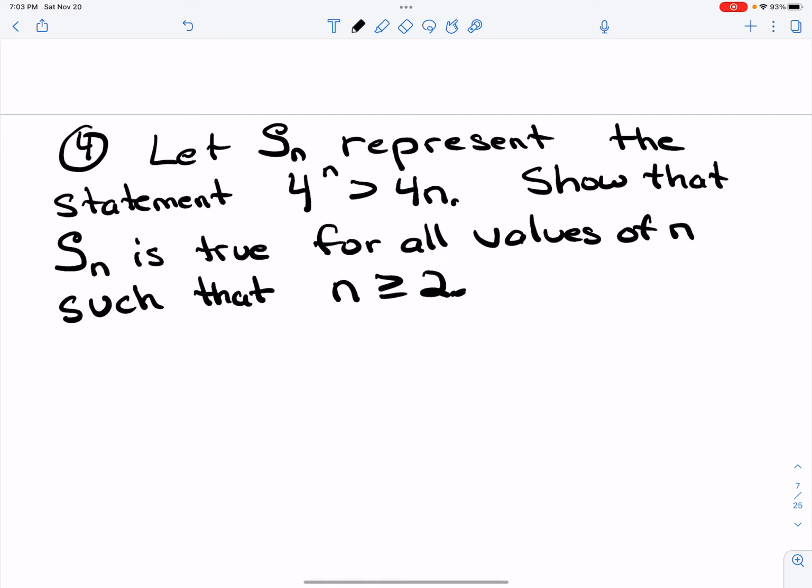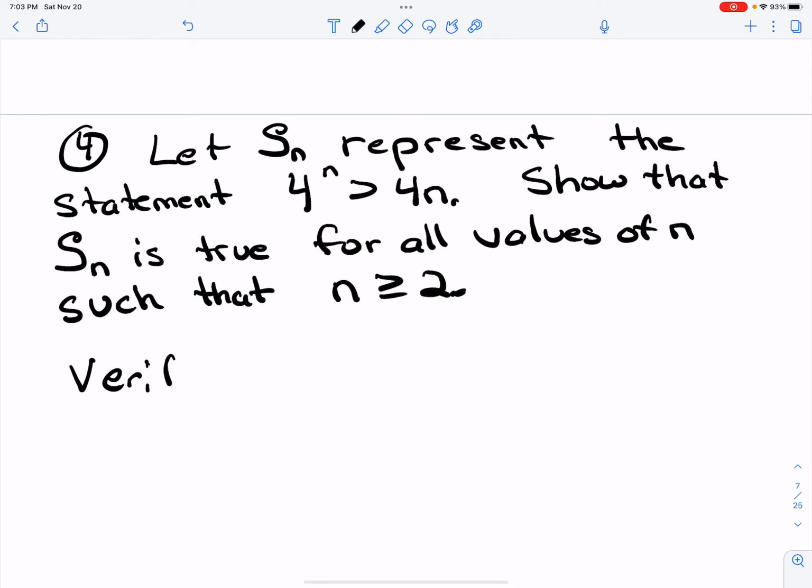Notice they didn't start with 1, because if you plug in 1, it doesn't work. And if it was asking you to prove n greater than or equal to 1, then you would have that example to say no, it doesn't. You can prove that it doesn't work. But they are specifying n greater than or equal to 2 for that domain. So we don't just verify S sub 1.